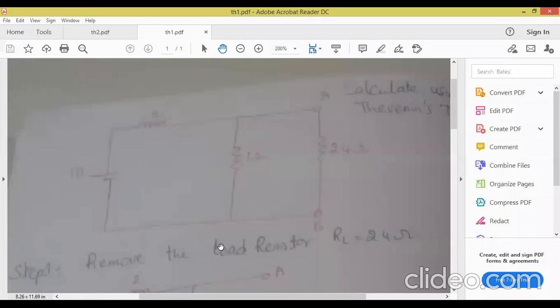Observe the circuit carefully. They have given A and B. That means they are giving one indication, especially for Thevenin's theorem problems. That means we have to calculate the current flowing through which resistor? The 24 ohm resistor. I can do it with mesh, but you must adopt the Thevenin's circuit also.